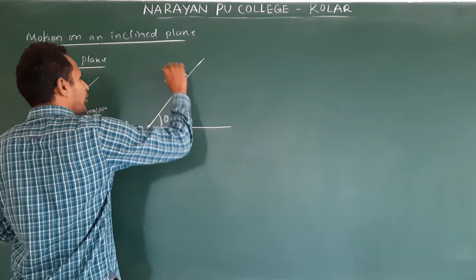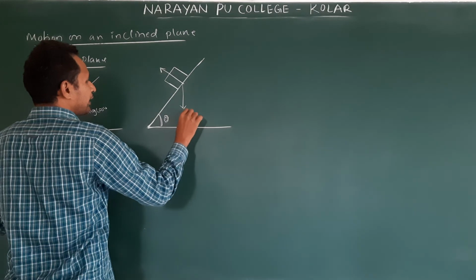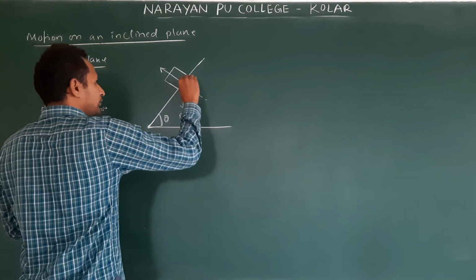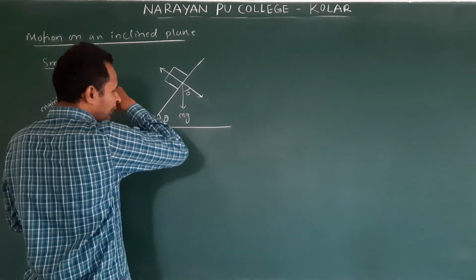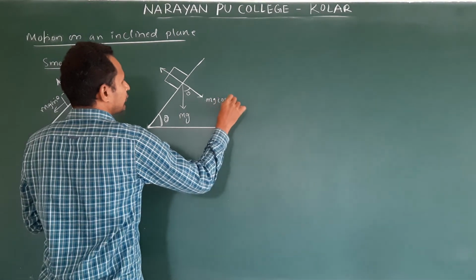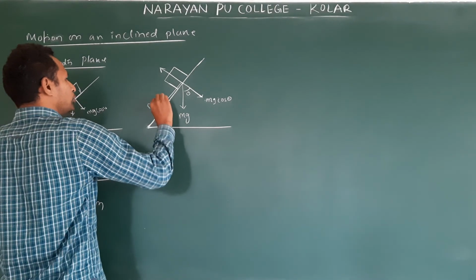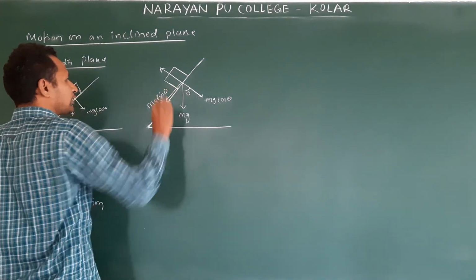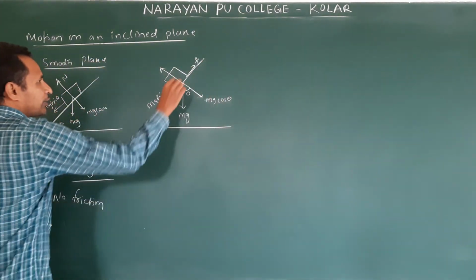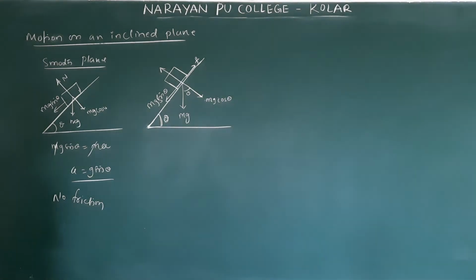So here also the normal reaction acts perpendicular to the contact surface, and mg acts like this. This angle is theta. Then the balancing force is mg cos theta. Now mg sin theta pulls this object down. Then the frictional force acts upwards because the body motion is down the plane. Friction always acts opposite to the relative motion.